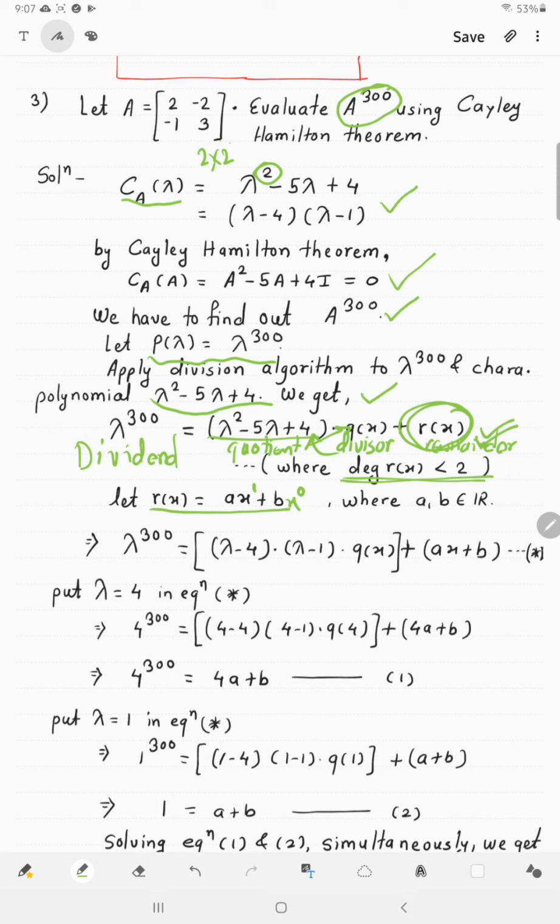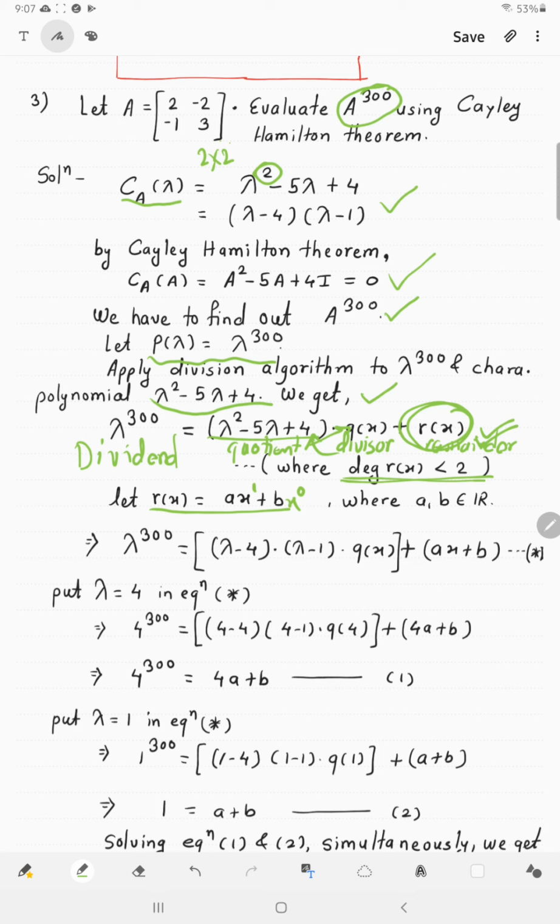If the degree of R of x is less than 3, suppose the matrix is 3 by 3, then my assumption of R of x will be ax square plus bx plus c. We will use this only for a 3 by 3 matrix.